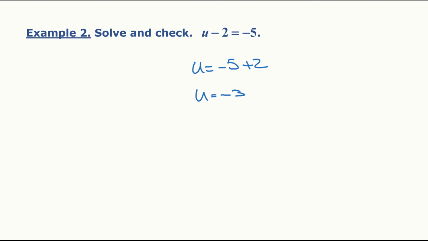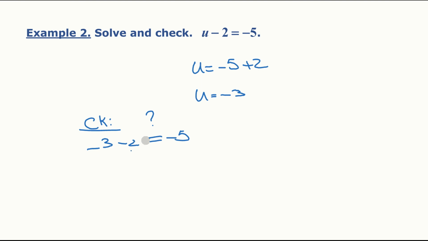All right, now checking a solution is very simple. We're just going to plug that back into the original equation and make sure it's true. So remember, you always want to go back to the original equation when you want to check, not some equation along the way. So -3 minus 2, we want to know if that's equal to -5. I'm going to put a question mark above that equal sign because I'm not asserting it, I'm checking it.